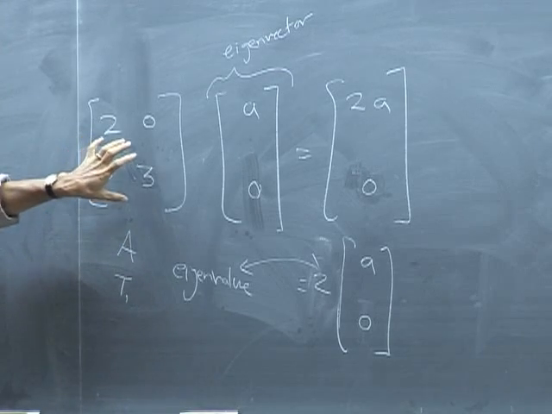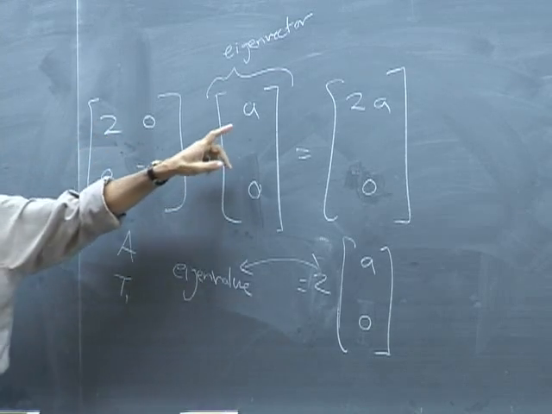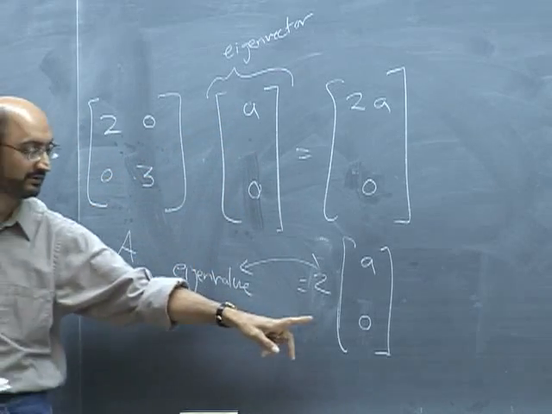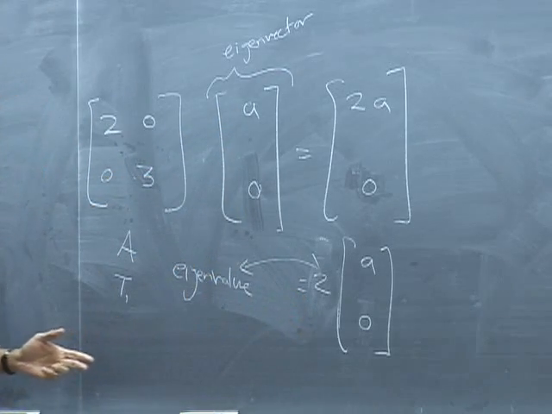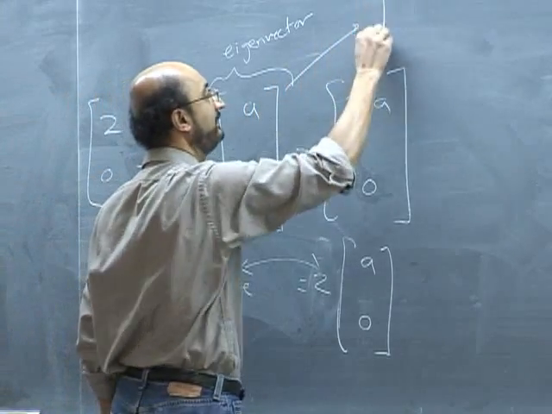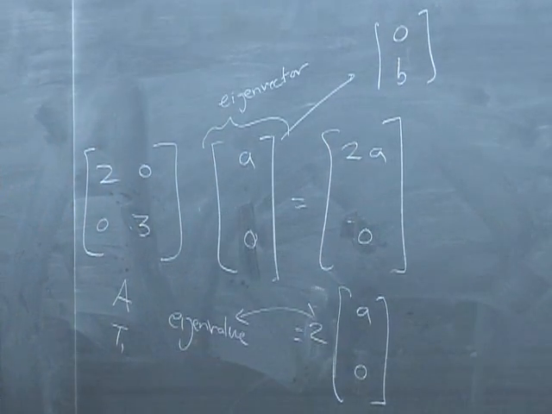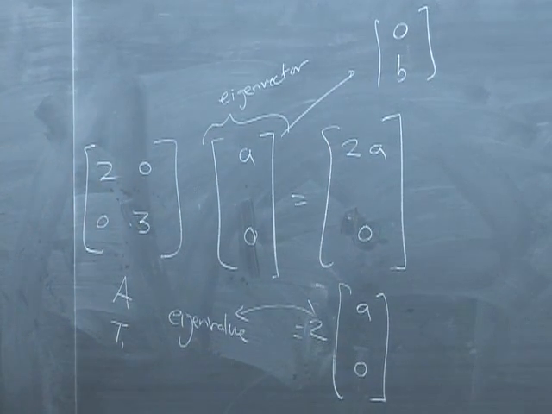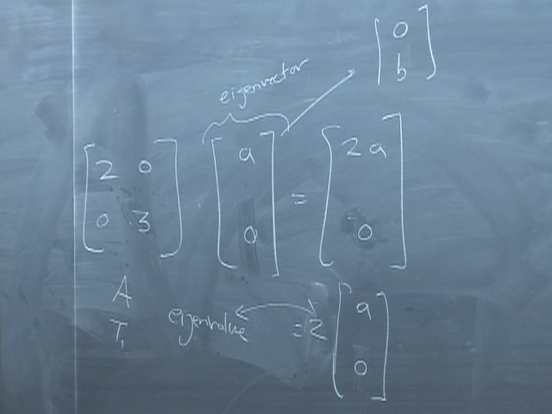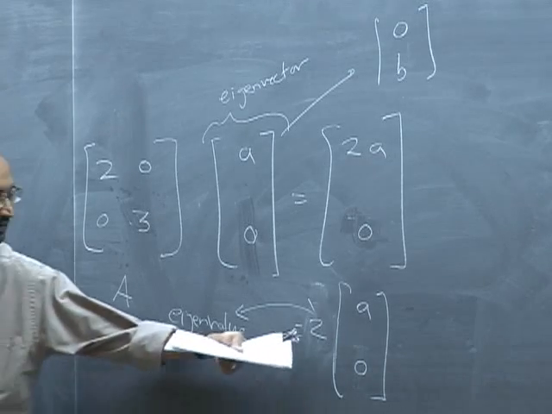The multiplication of this matrix on this particular vector A0 is going to give me a scalar multiple of 2, 0. And the other multiple is going to be 0B, which is going to give me the value 3 times 0B.